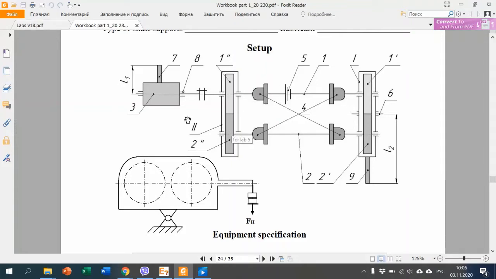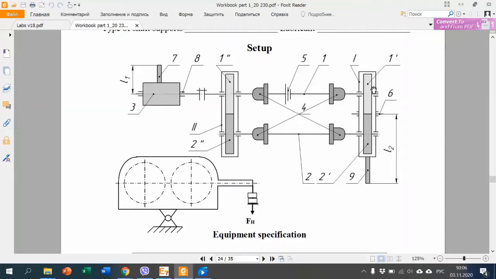So one gearbox and second gearbox. In each gearbox we have 2 wheels, one double dashed and one dashed. It's maybe like a pinion.